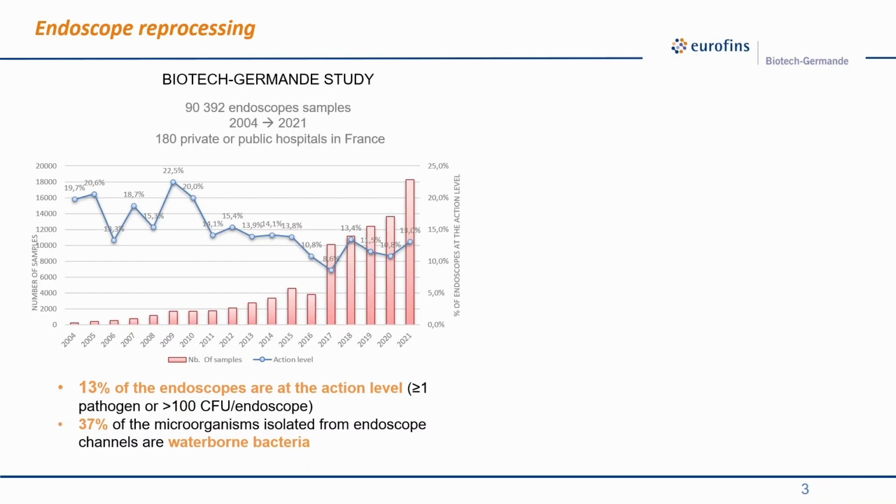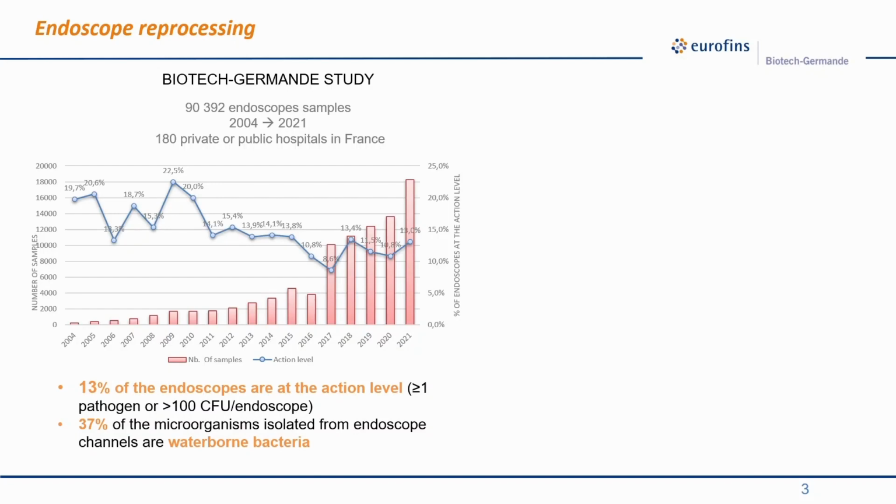As you can see in this picture, this study started in 2004, and we found in 2004 that approximately 20% of the endoscope were considered to be contaminated. That means with at least pathogen bacteria or more than 100 colony forming unit per endoscope, which is a huge number.